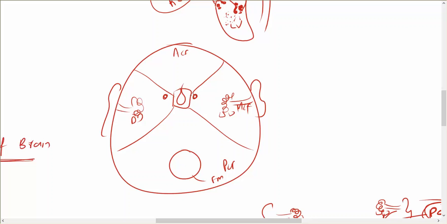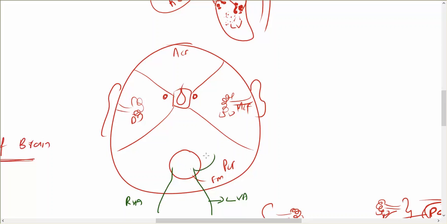Now I'm going to use green color for the posterior circulation. This is the left vertebral artery, this is the right vertebral artery. Now we are going to discuss only the things which give branches inside the foramen magnum.